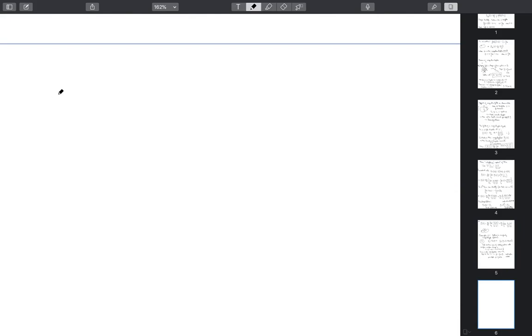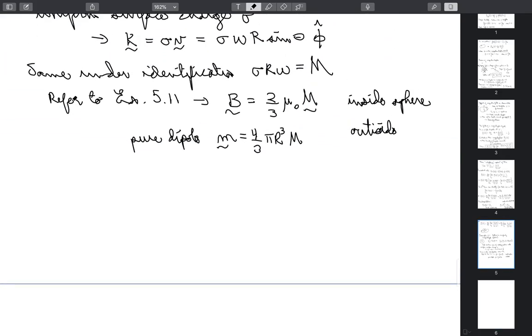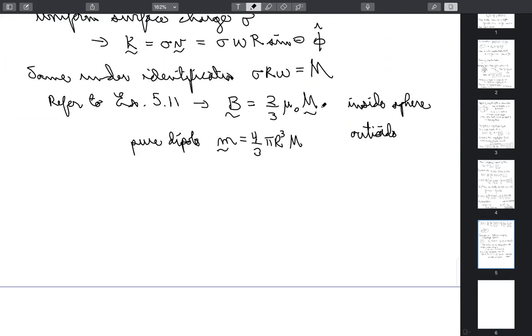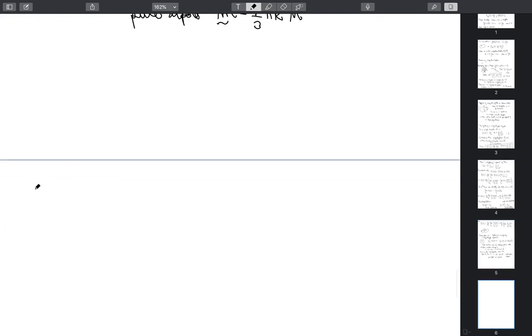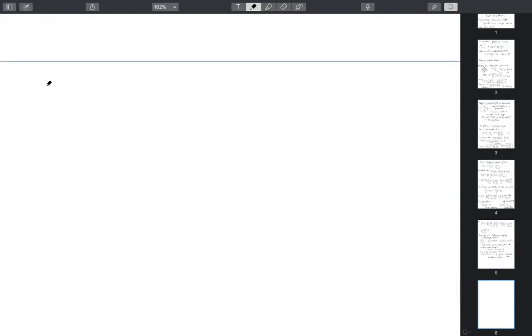And again, in parallel to the electrostatic case, we're going to introduce some more handy quantities to work with than the full magnetic field. You'll see there's an interesting combination with the magnetization that we can introduce. So this section carries a kind of strange title, the auxiliary field H.